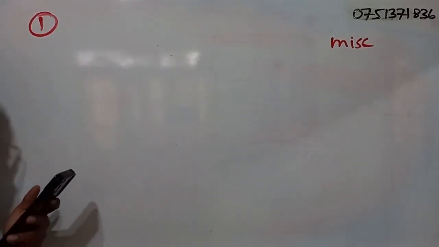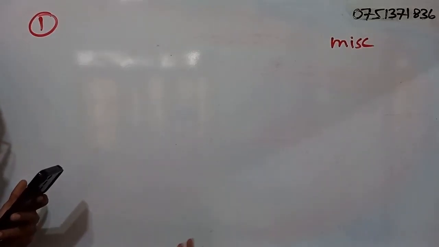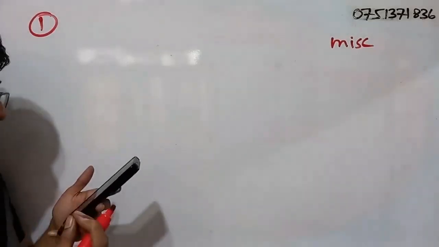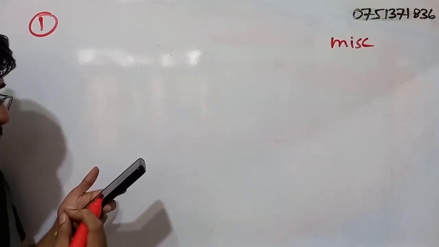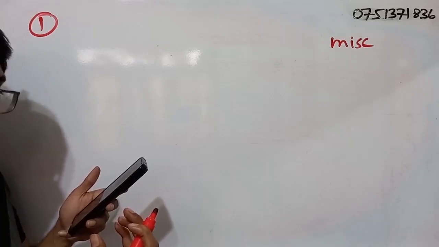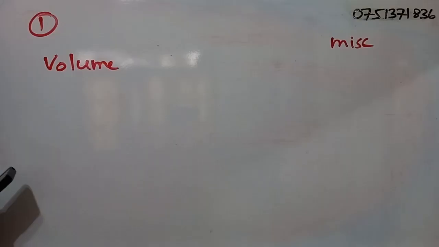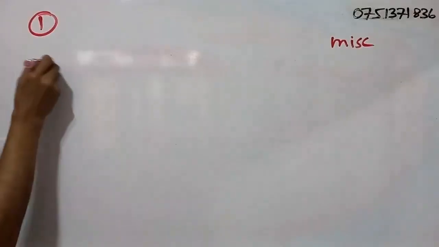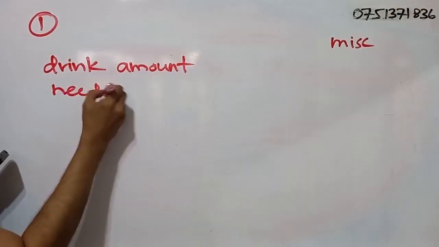Okay, so first of all, we can find out the amount of drink that is needed, no? We have the number of guests, which is 225. They are being served using a cup which has a volume of 150. So we can find the drink amount needed.